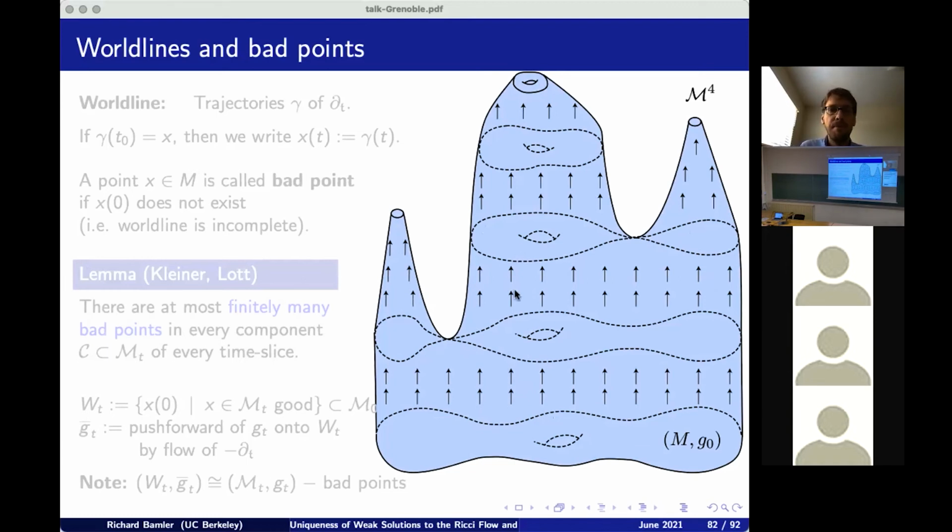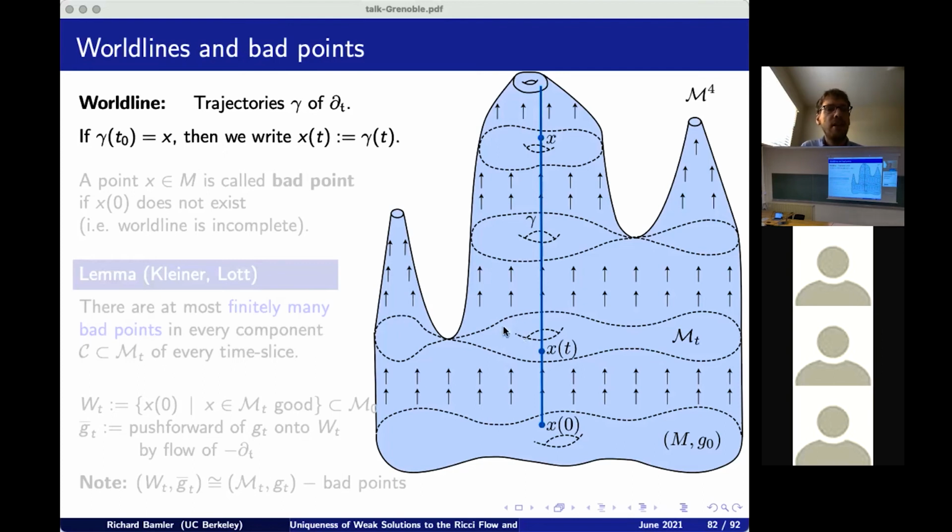Okay. So let me define what a world line is. A world line is just the trajectory of the time vector field. So it just corresponds to a non-moving point in a conventional Ricci flow. Okay? So this would be an example of a trajectory. And I'm going to use the following notation. If gamma is a trajectory, parameterized in a way that the trajectory at time t is contained in the time slice of time t, then I'm going to write x(t) to be equal to gamma of t.